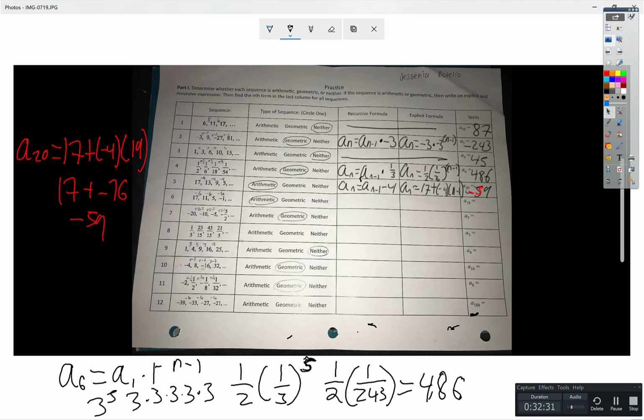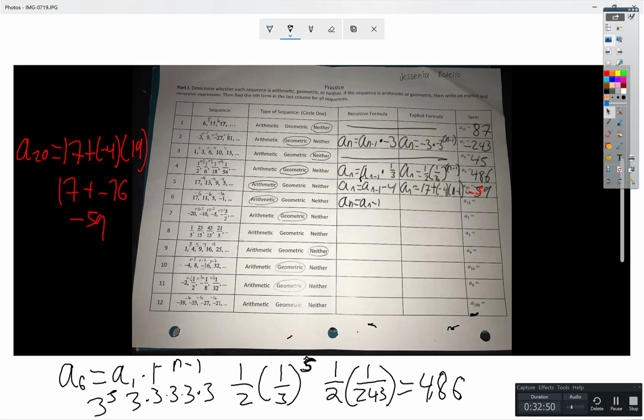17 minus 6, 11 minus 6, 5 minus 6, -1. So here, a_n is equal to, and you were right, minus 6. So a_n minus 1.